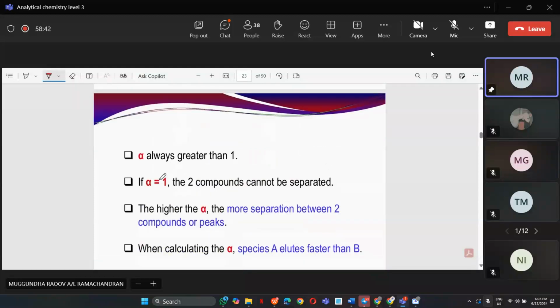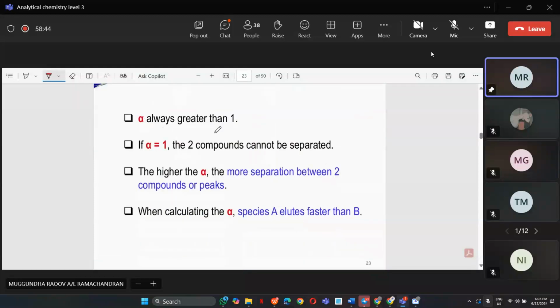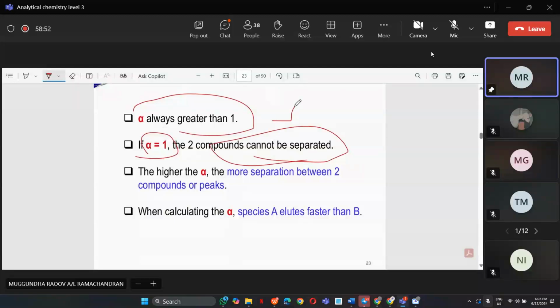Usually the selectivity factor is greater than one, but if it is equal to one, we say the compounds cannot be separated. It is something like overlapping. This is considered that we cannot separate these compounds.